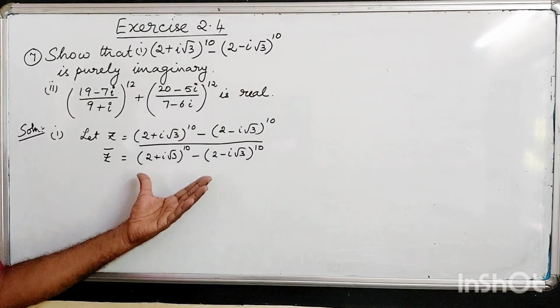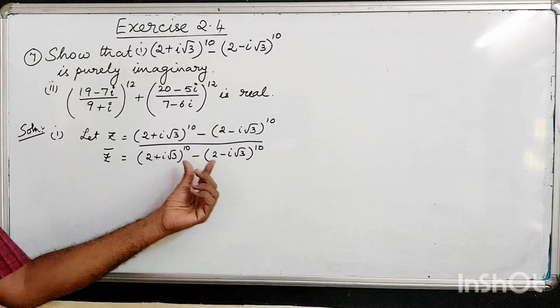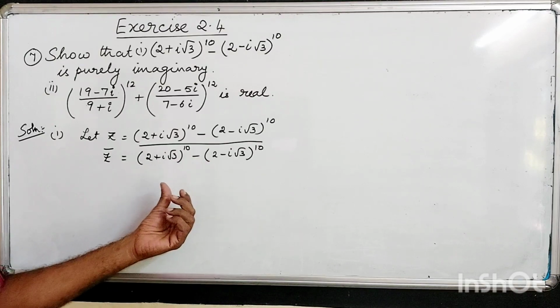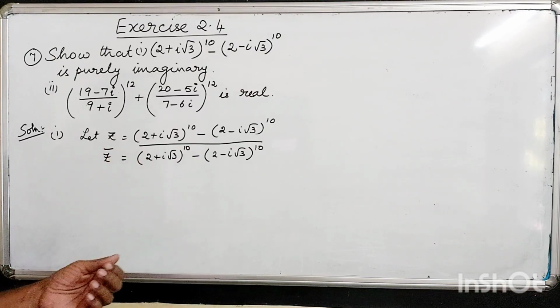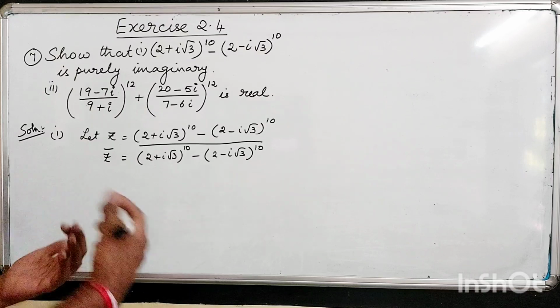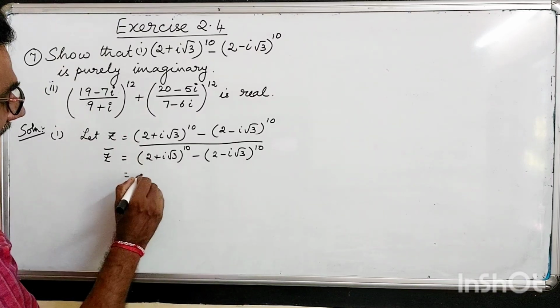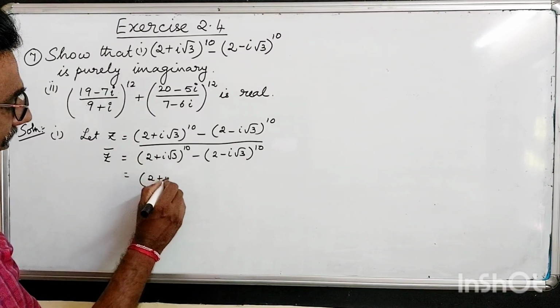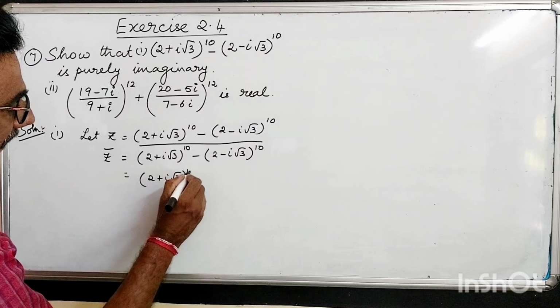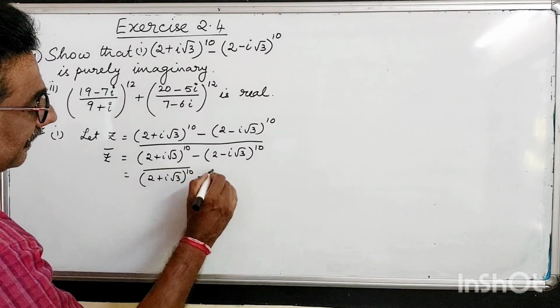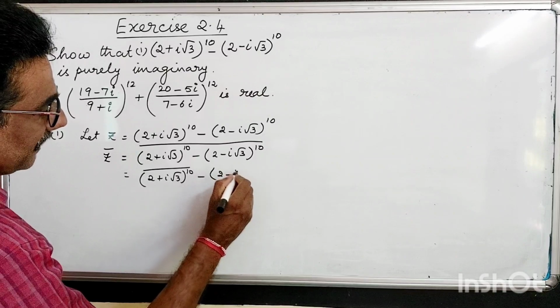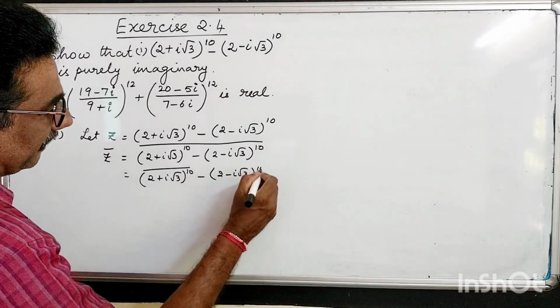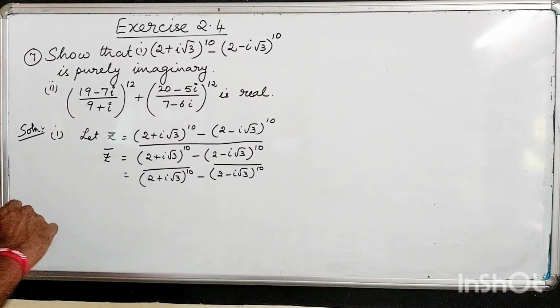In the properties of conjugate, whenever you add or subtract two complex numbers and take the conjugate, it is equal to the conjugate of the separate terms, right? So I am taking the conjugate for each complex number separately.